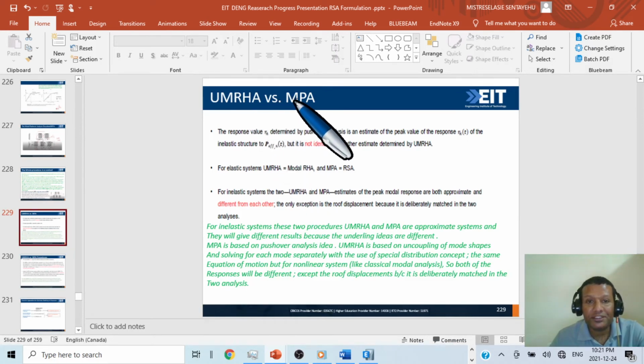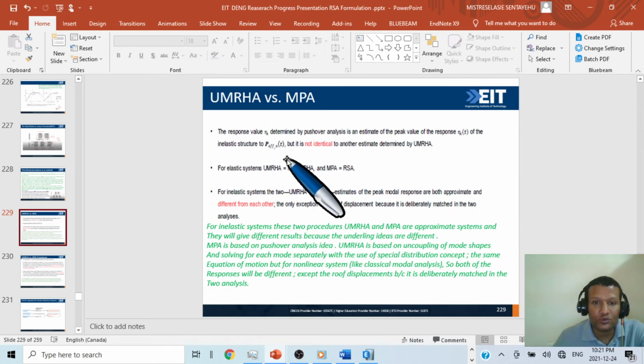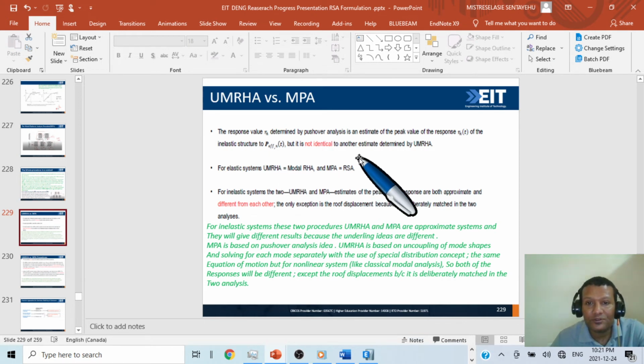Now, UMRHA with MPA. The response value Rn determined by pushover analysis is the peak value of the response of the inelastic structure, but it is not identical to the estimate determined by UMRHA.